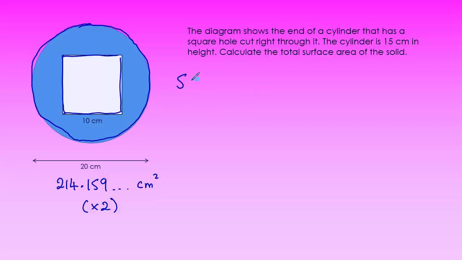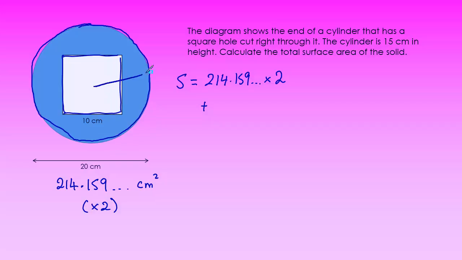So our surface area is going to be, we need the 214.159 and so on, multiply that by 2, so that's the two ends. Then we're going to add the circumference here.